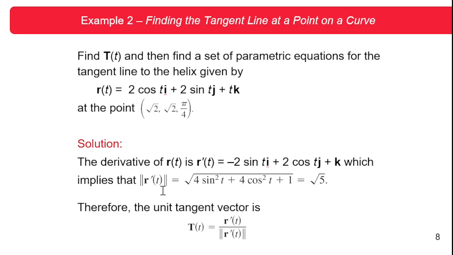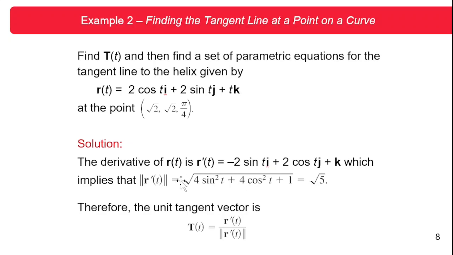Then after that, we need to find the length of the derivative of r(t), which is equal to the square root of the square of the first component, so 4 sine squared t, plus the square of the second component, which is 4 cosine squared t, plus the square of the last component, which is 1. But recall that sine squared t plus cosine squared t is 1.